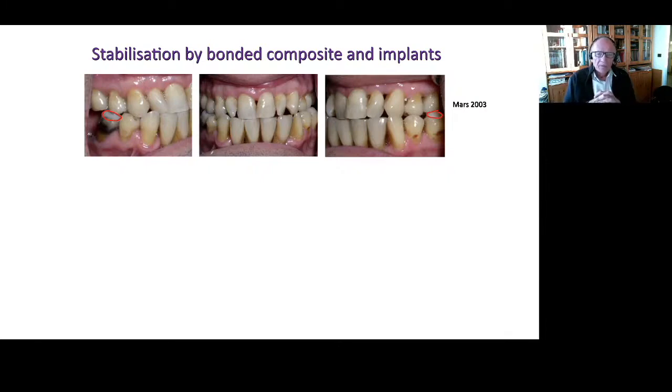And why did we do this? Because we have a very strong, obvious occlusal disorder, which was easy to correct.